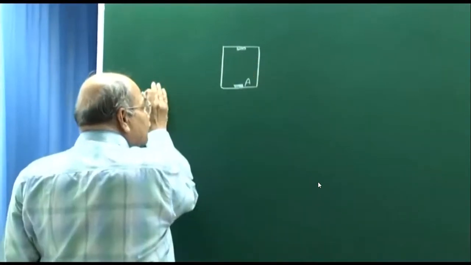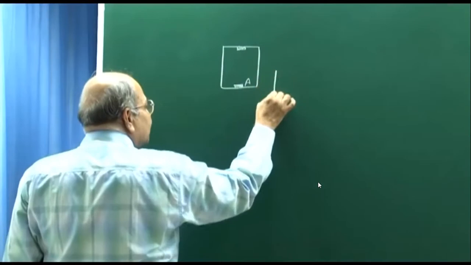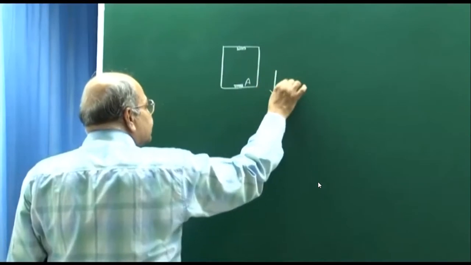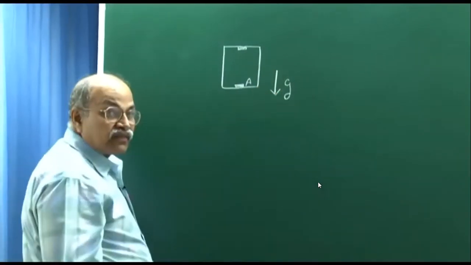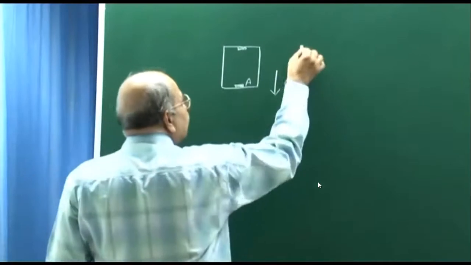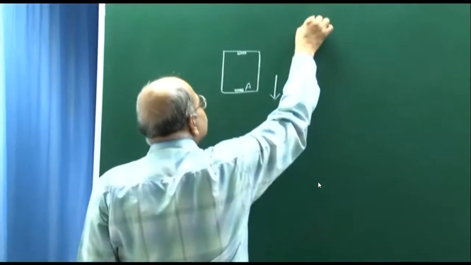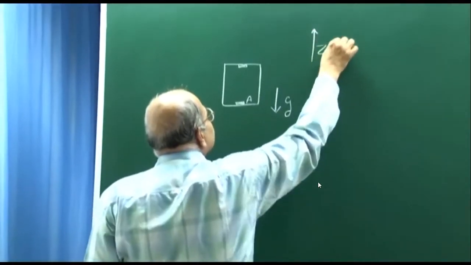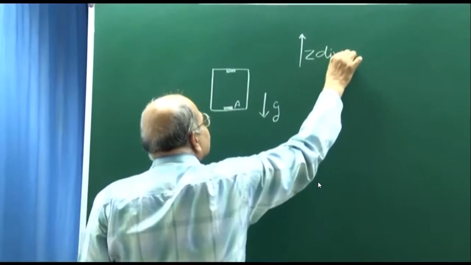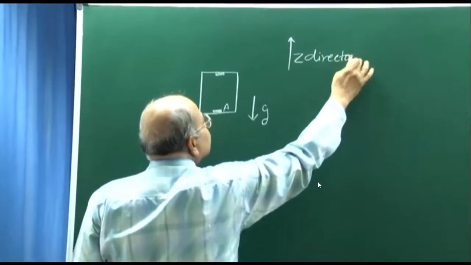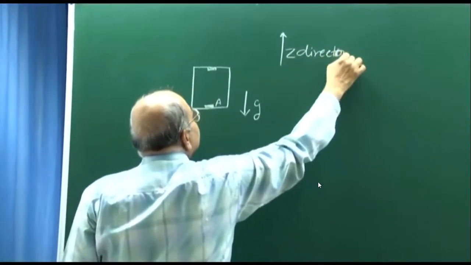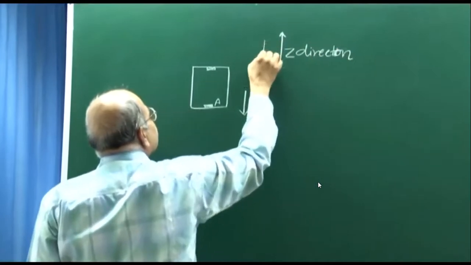So, in the inertial frame the box is going with an acceleration g. You can take the upward direction as the z direction, so that the unit vector in this direction will be written as k cap.